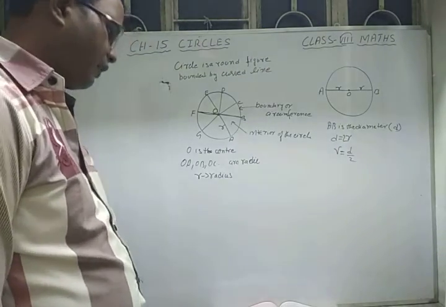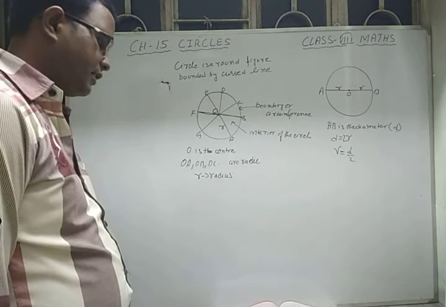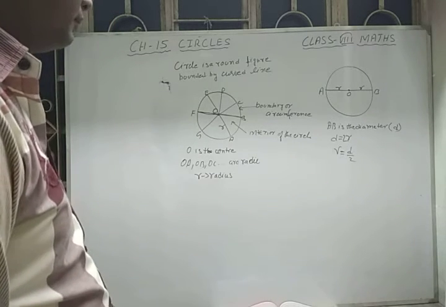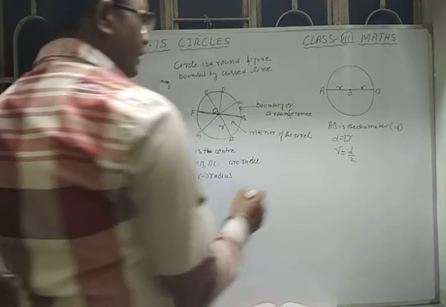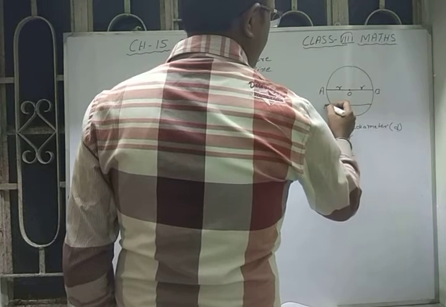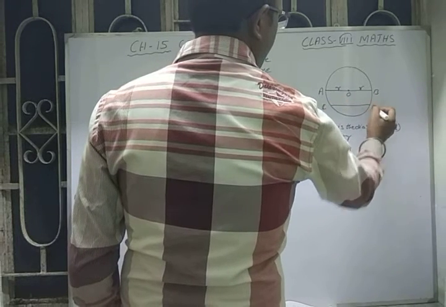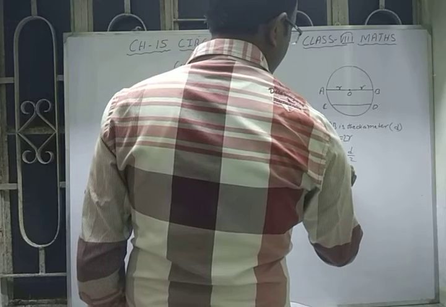Okay. Now there are so many other points that we have to see here. So we will see another diagram here. If I draw a line like this, if I take CD, here CD is called chord.